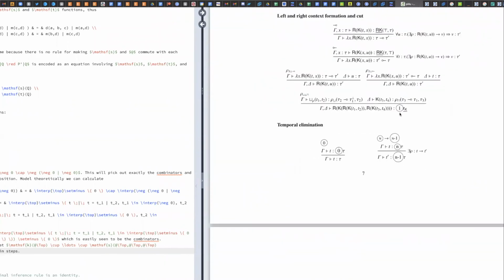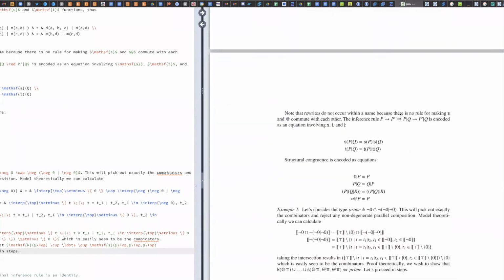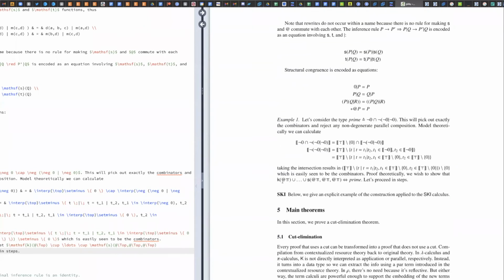All right, so here we're going to form a big disjunction over each of the combinators, and we're going to say that implies prime.